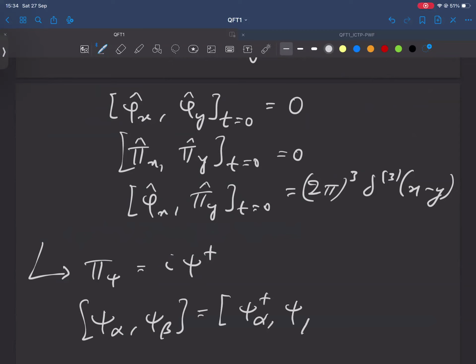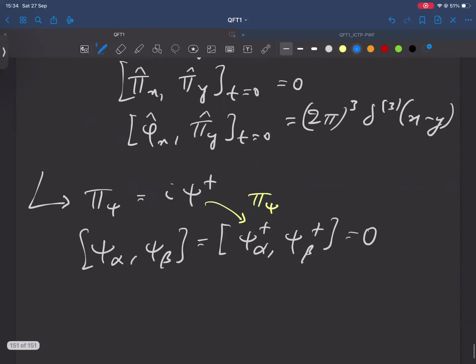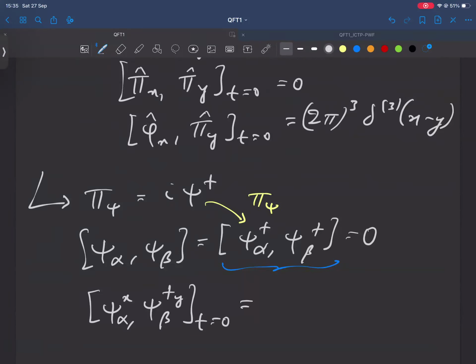So the dagger is now the momentum, so this is the canonical momenta relations. And the non-commuting important relation will be like this, where these are functions of x and functions of y, again at equal time: delta alpha beta delta 3(x minus y).